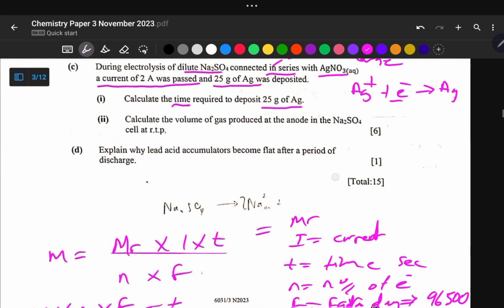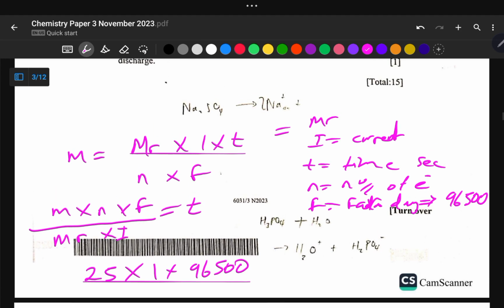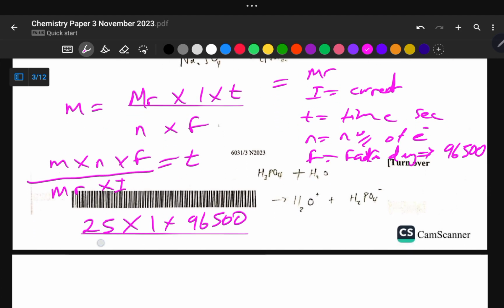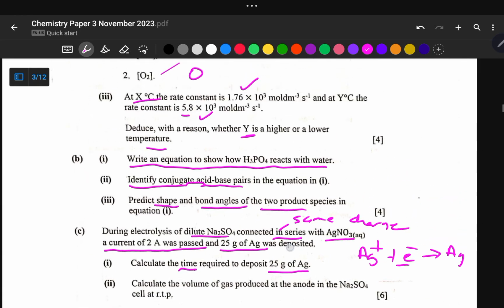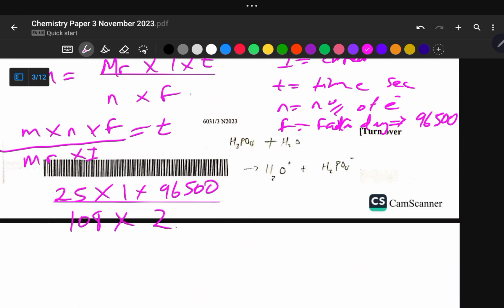So here we've got 1 electron, multiplied by F, which is 96,500, and then divided by mR. The mR of silver from the periodic table is 108, multiplied by the current, which is 2 amps, right? So we're simply going to punch this on our calculator.